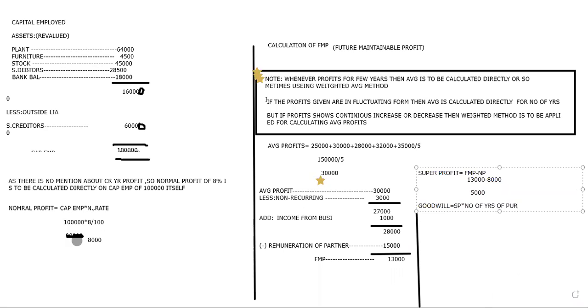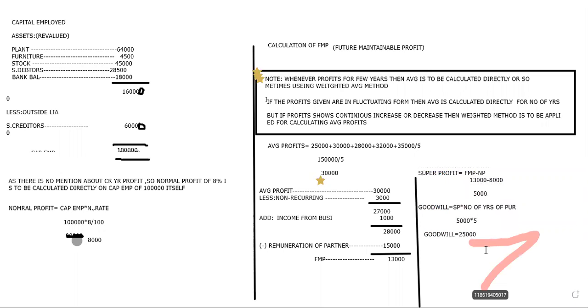So super profits we got 5,000 into number of years. Number of years, 5 years, they said. So 5 fives are 25. So therefore goodwill is equal to 25,000. That's it. Okay. Please take down a screenshot. I'll do one more sum.